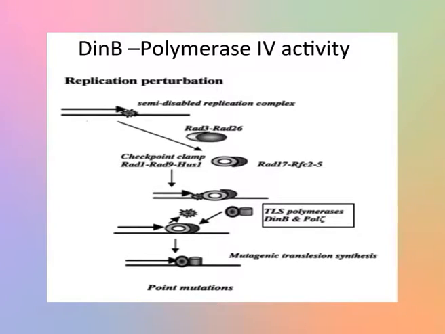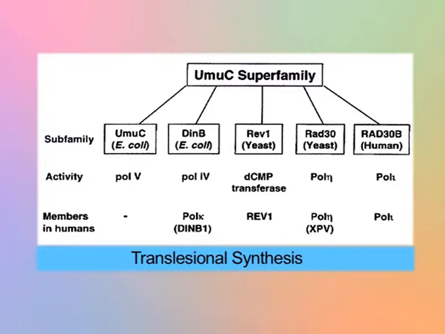Translesional synthesis in prokaryotes I have already discussed: DinB, like polymerase 4, gives rise to errorless repair. But UmuD2 prime C acts as polymerase 5 and gives error-prone repair. Now the same thing is also possible in eukaryotes. The normal polymerases are there, like polymerase alpha, delta, etc. But when such a single-stranded gap is encountered, polymerase switching happens with the help of PCNA.